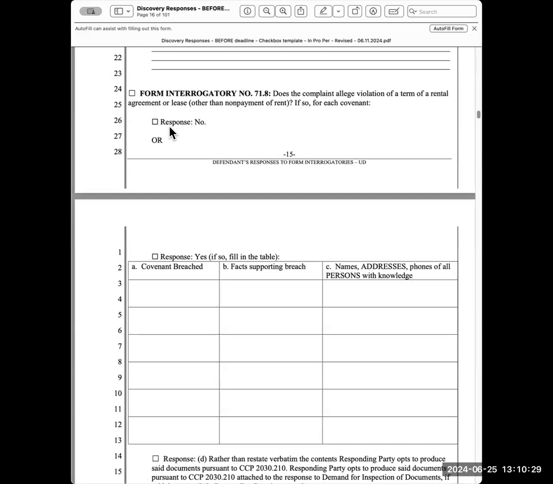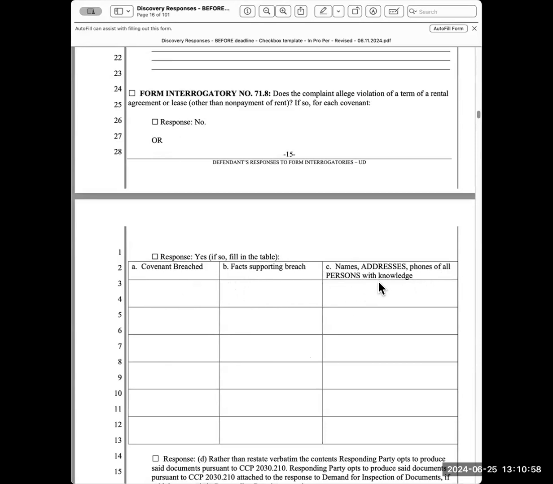So if you received a notice that alleges that you committed some violation of the lease, you're going to put in each individual allegation here, facts supporting or against the breach. If the landlord's accusing you of something but you didn't do it, or the person they're suggesting didn't do it, you'd put in that information here.